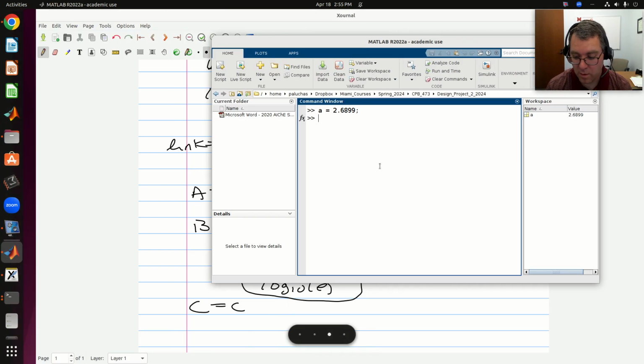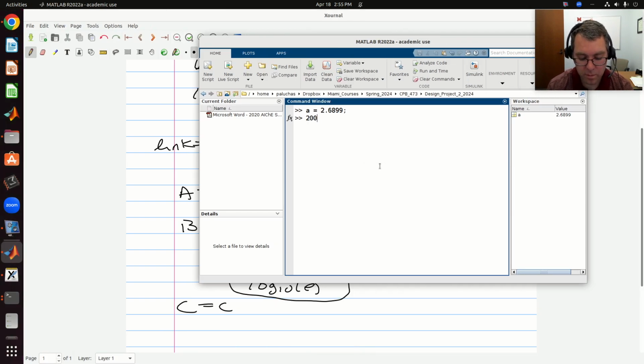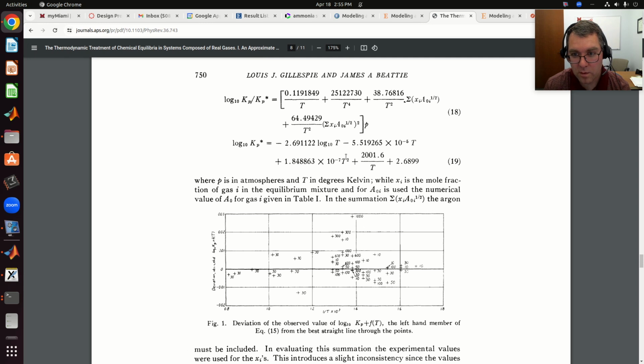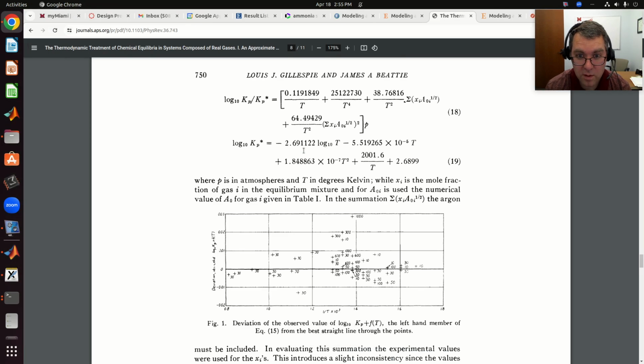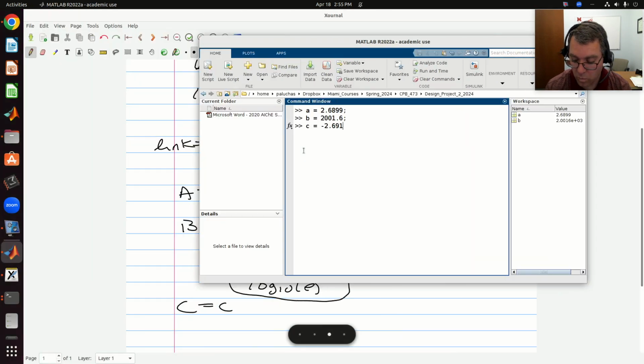B is 2001.6. C is this term. C is negative 2.691122.